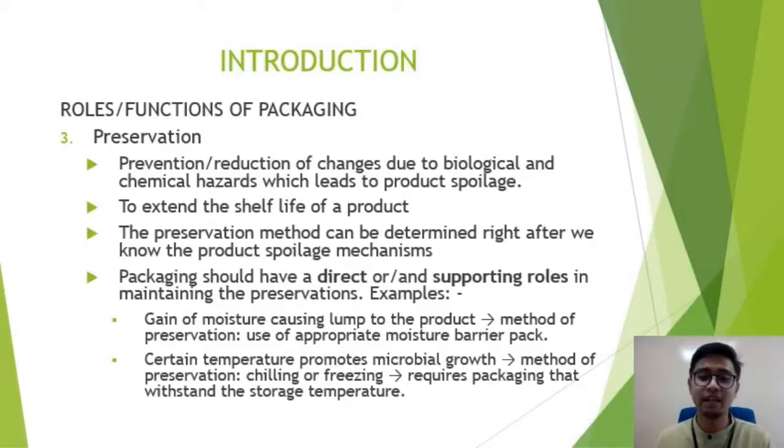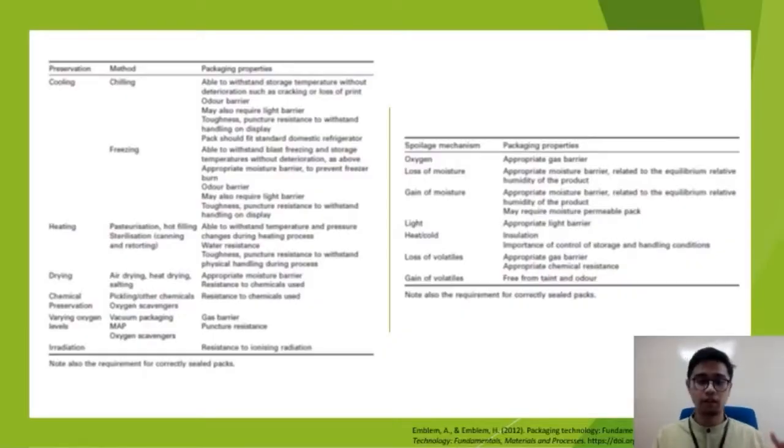That's the indirect or supporting role of the packaging. I hope you understand. To make you understand more about the indirect or direct roles of the packaging material, here I give you more examples of it. This is the direct roles, and this is an example of the supporting roles of the packaging in preservation of the product.